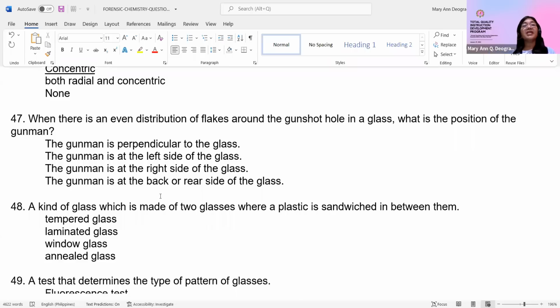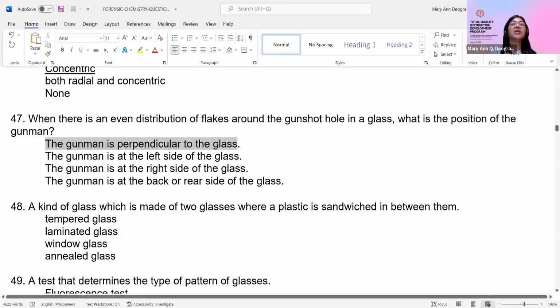C, the gunman is at the right side of the glass. D, the gunman is at the back or rear side of the glass. Answer. Okay, letter A. Ayun. So, mga situational questions kasi ito. Di-discuss ko sa inyo pati ito. Okay, so it's perpendicular. So, even yung flakings.